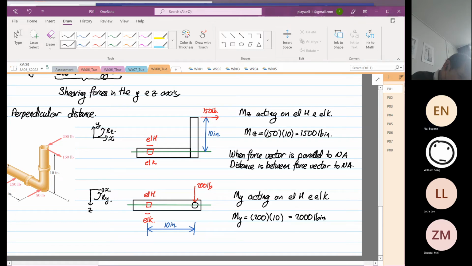First thing, right? So you can see for this case, the applied force is parallel to the what? Neutral axis.